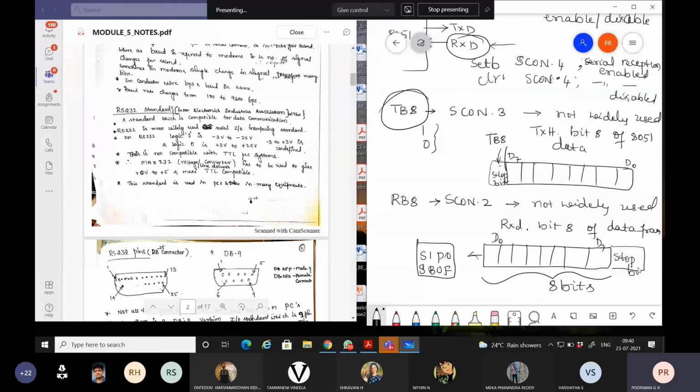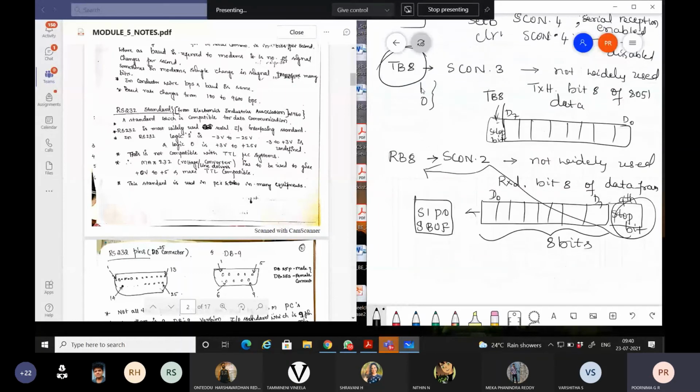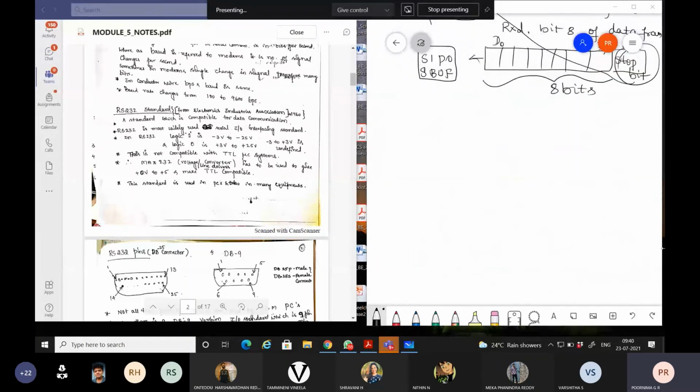When this ninth bit is received, that bit will go to RB8. So this is about TB8 and RB8 of your SCON register.